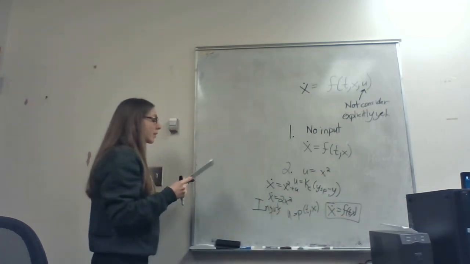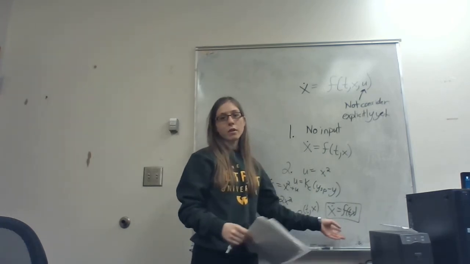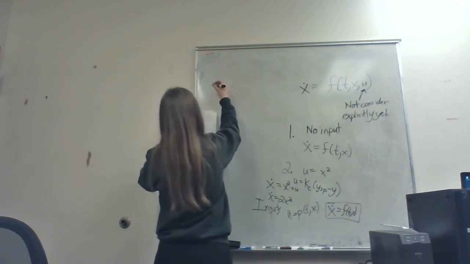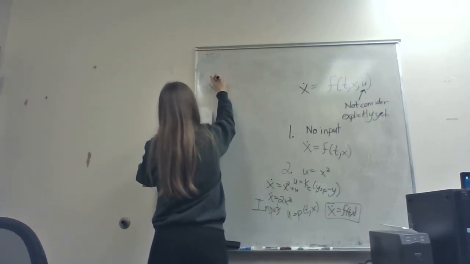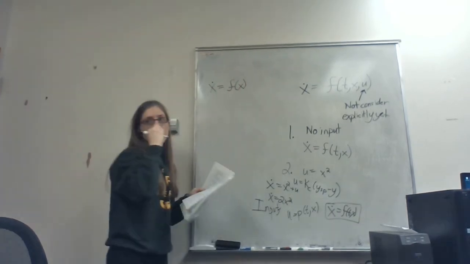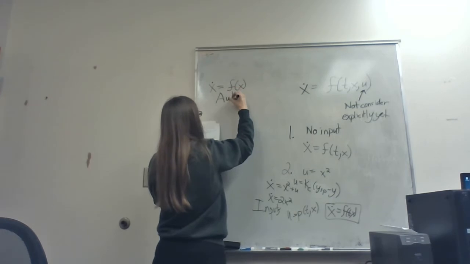And then the next thing is to say, okay, but we just said chemical engineering processes usually don't have the explicit time dependence. So we can simplify even further at first and look at what we call an autonomous system. So the right-hand side is only a function of the state. This is what we call an autonomous system.